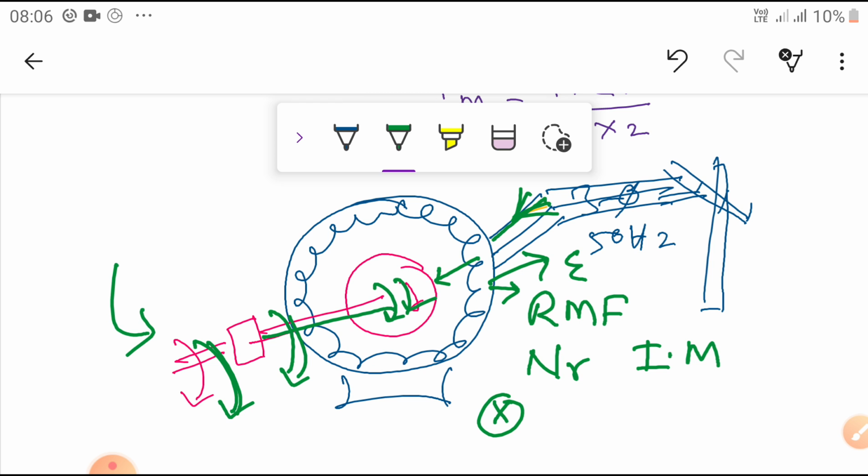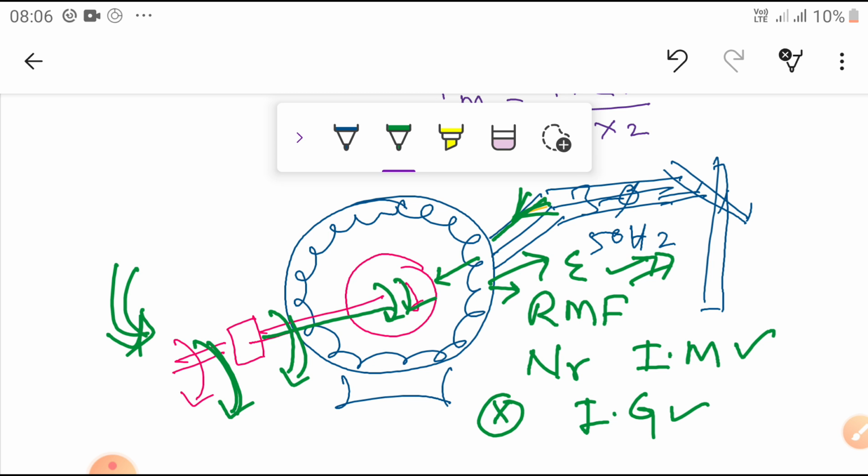If electrical energy is given, we get mechanical energy in the form of rotor rotation. If I give mechanical input to this rotor, it generates electrical energy. Why not? It will generate electrical energy. Then, instead of an induction motor, it will become an induction generator.